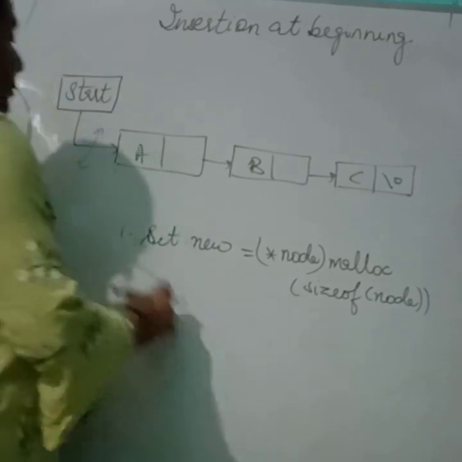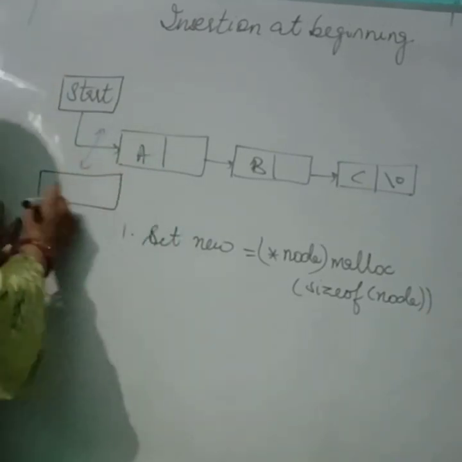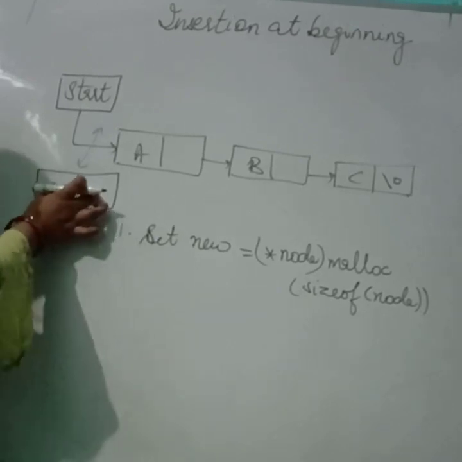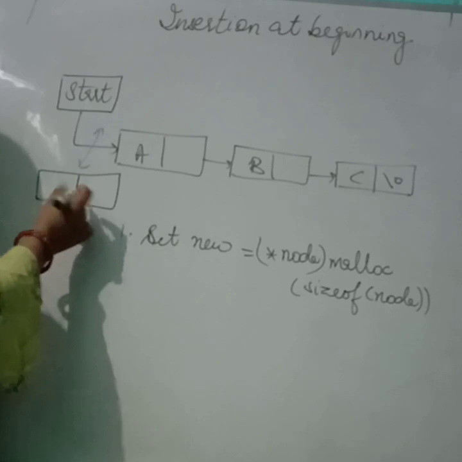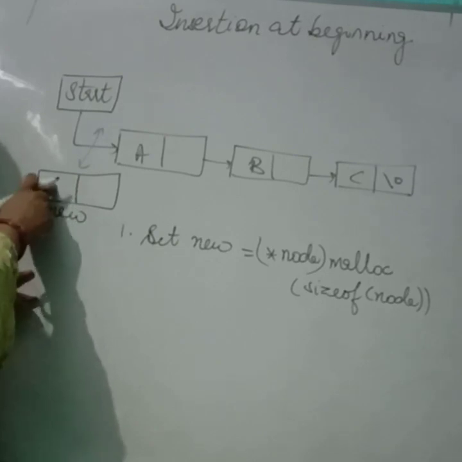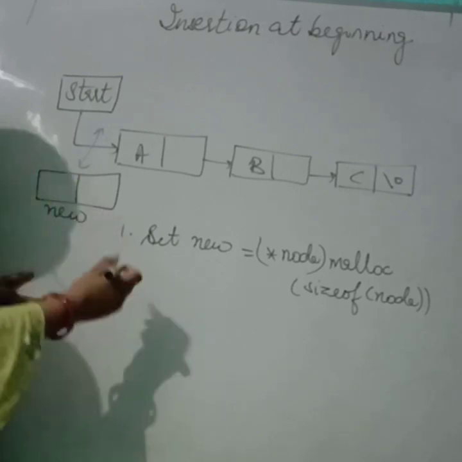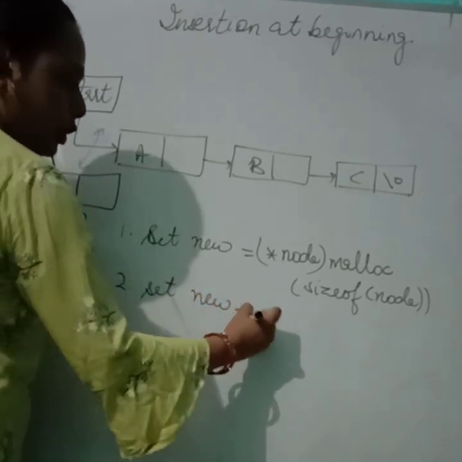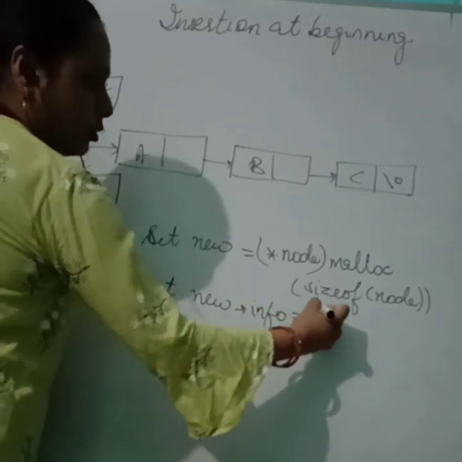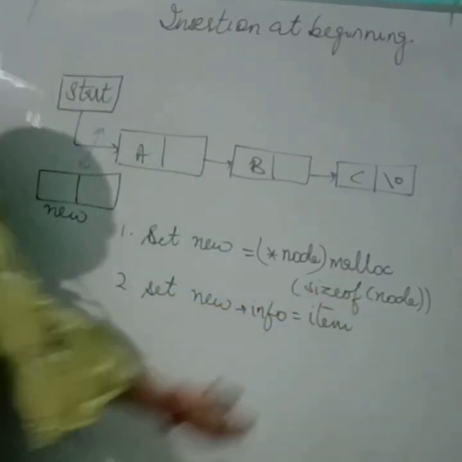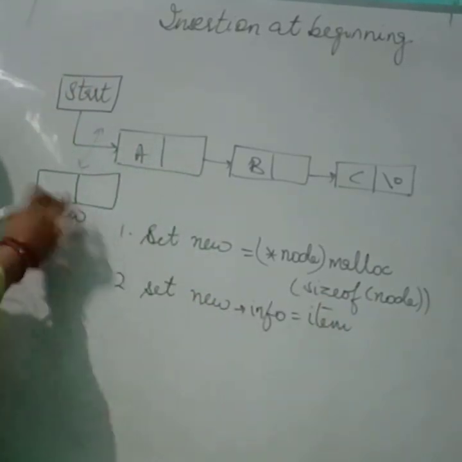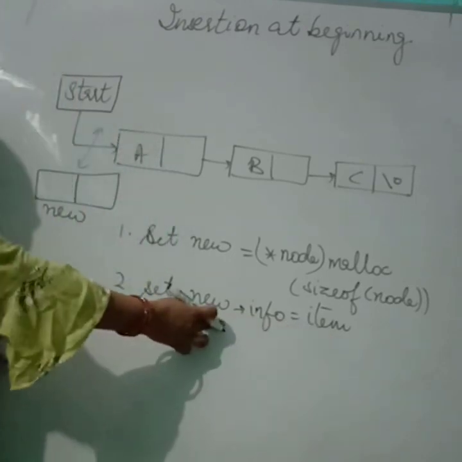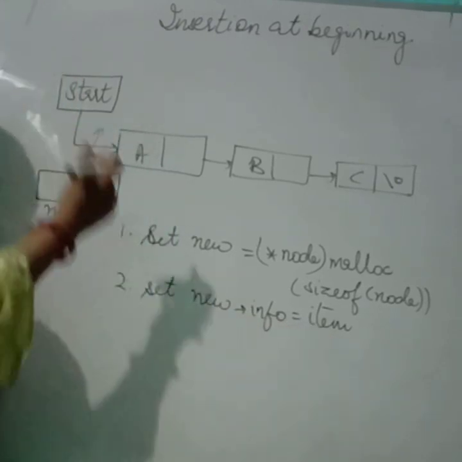So, after this statement, we will get a new node structure like this. Now, this is the new node. Now, our task is to insert the information at this particular position at the info part. So, we will write set new info is equals to item, which means whatever data you want to store in the information part in the list, you can insert that value at this particular part.